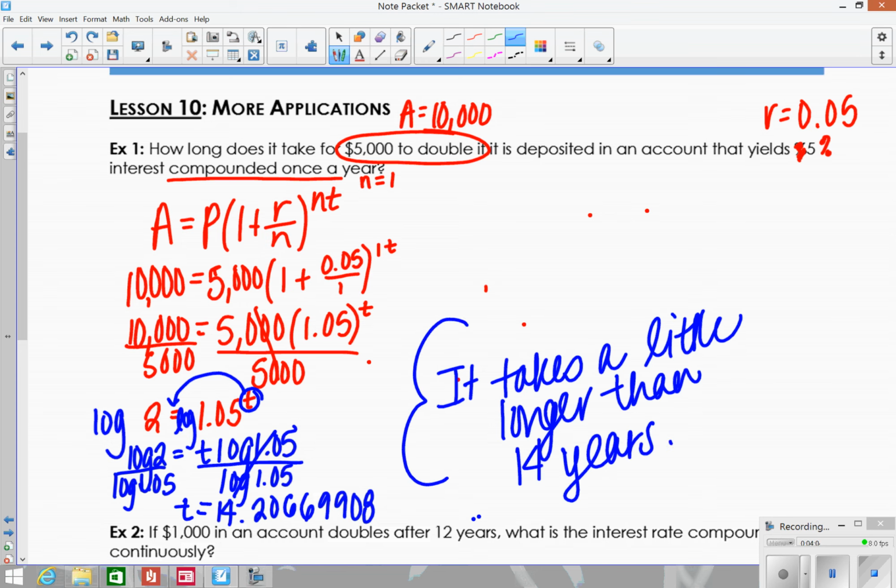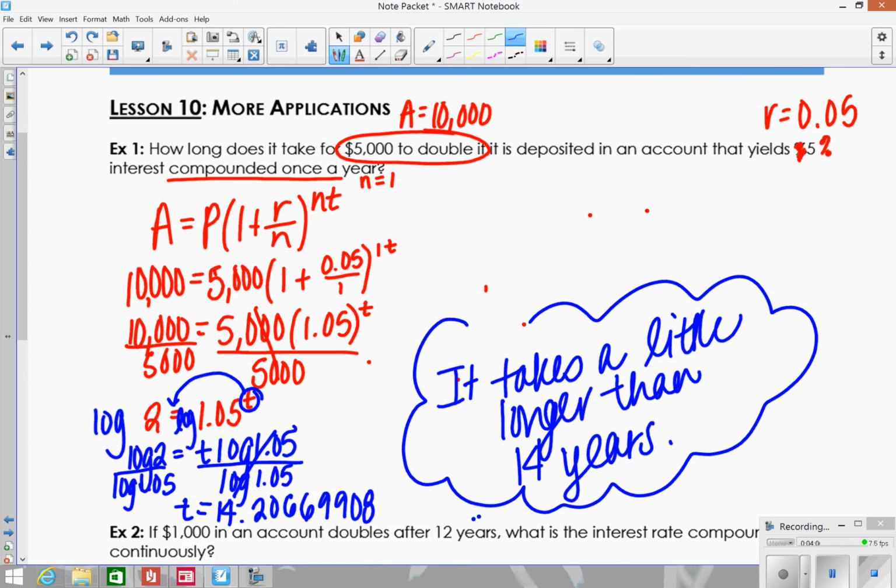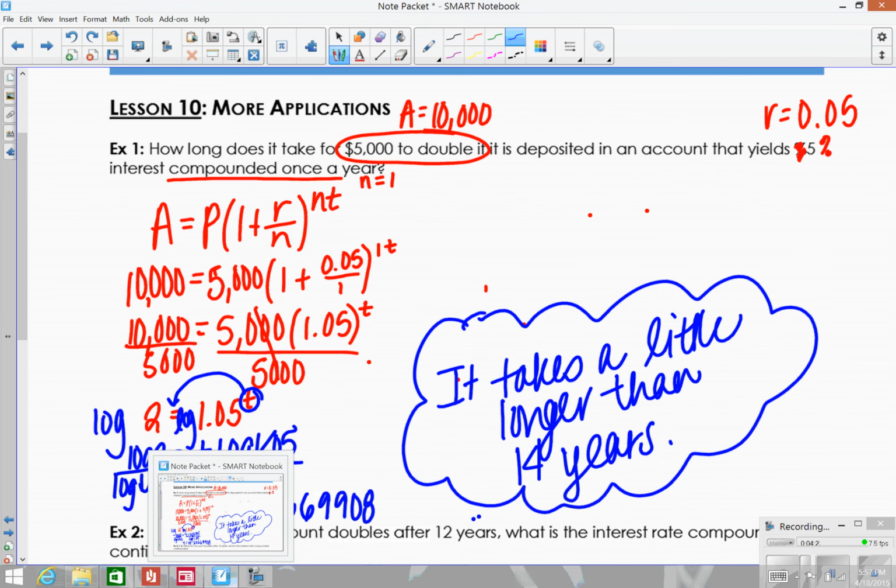Not quite 15 years, it'll be shorter because it's 14.2. So a couple months into that 14th year is when this money is going to double. And you can't say just 14 years because it won't happen at 14 years. It's not going to happen until 14.2 years. So within a couple months of that 14th year.